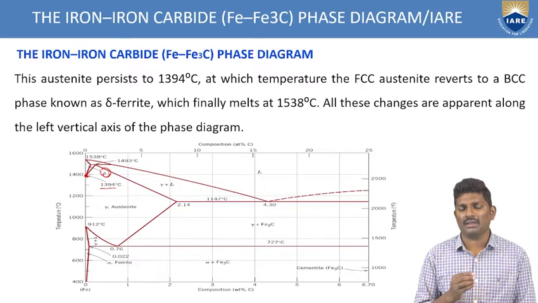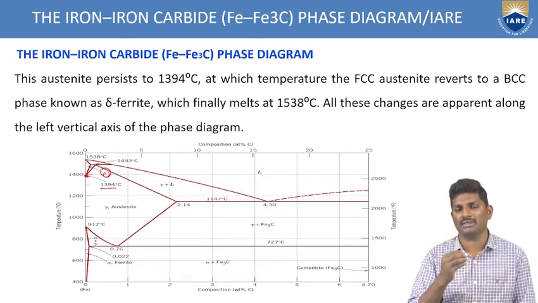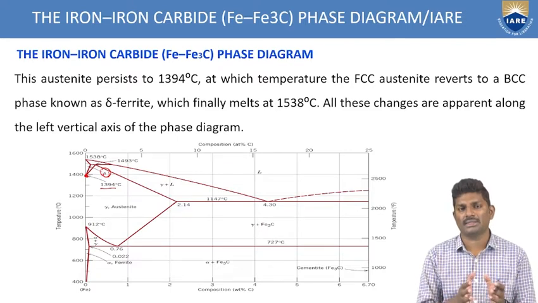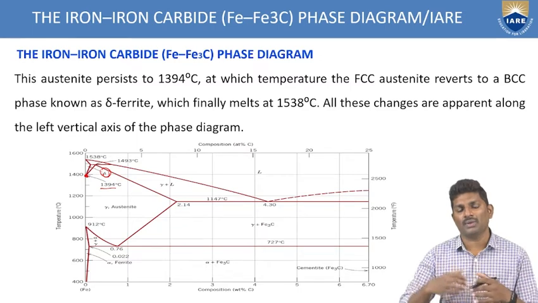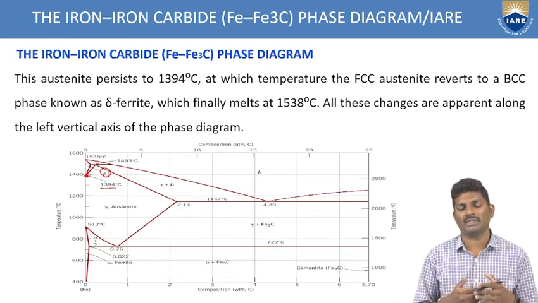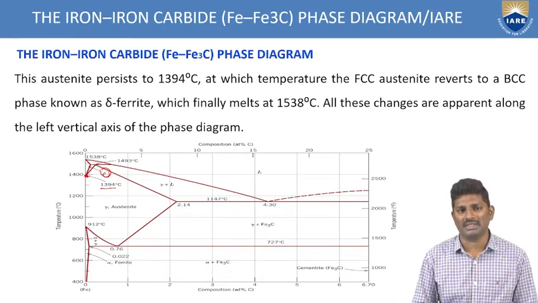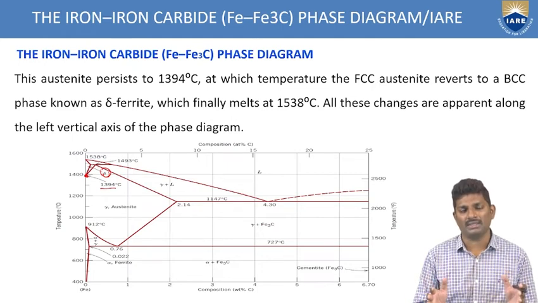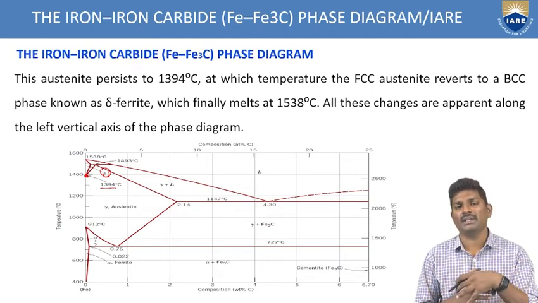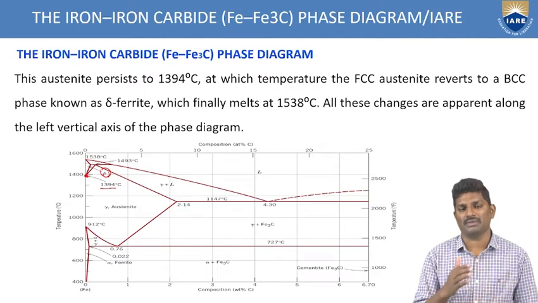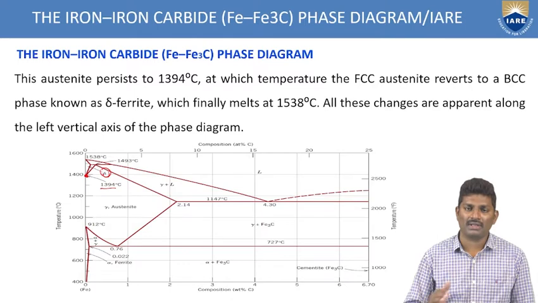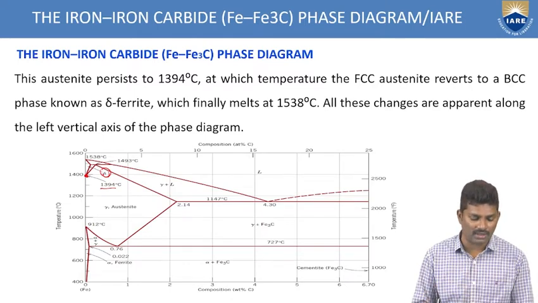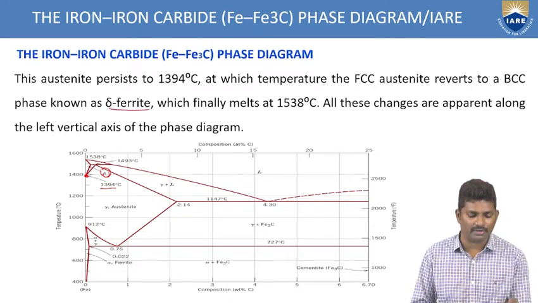Now, after crossing 1394 degrees centigrade, what is happening? Again, this austenite is reversing back to ferrite, which is having BCC crystal structure. That's why it is transforming into two different crystal structures, from BCC to FCC and again to BCC. After 1394, it is called delta ferrite.